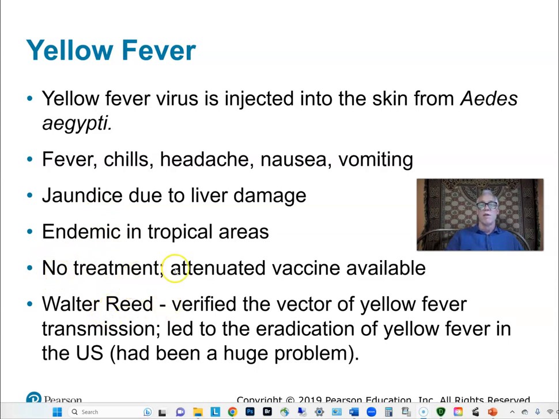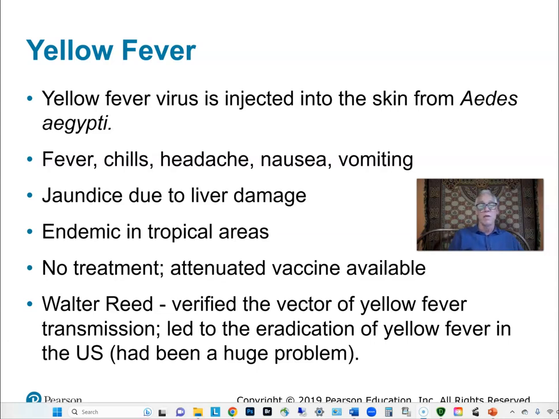There's no treatment for it. There's an attenuated vaccine available. Now, yellow fever was a big problem in the United States at one time, and Walter Reed is a very famous, heroic fellow who was an army doctor who did the research necessary to understand the transmission of yellow fever virus and led to the eradication of yellow fever.